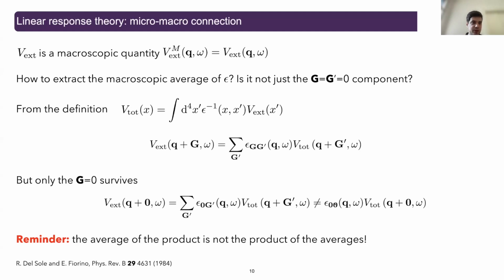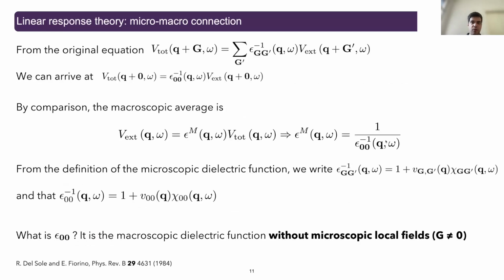So how do you do it? How do you relate the macroscopic dielectric function to the microscopic one? Well, we look at the original equation for the total potential. We know that inside the sum, only the contribution with G prime equal to 0 survives because the external potential is macroscopic.